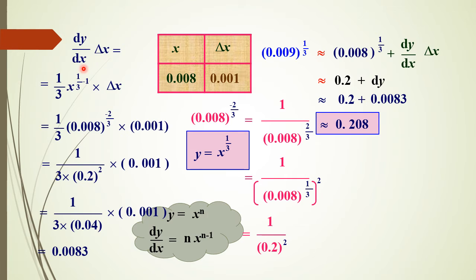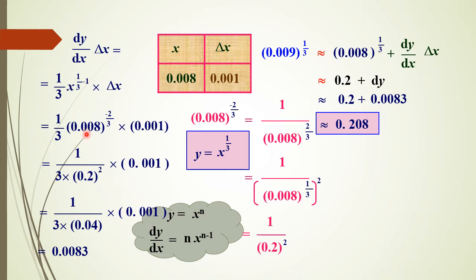In this case, dy by dx, after differentiating this term, you will be getting 1 by 3 into x to the power 1 by 3 minus 1. After simplifying, x to the power 1 by 3 minus 1 can be written as minus 2 divided by 3.